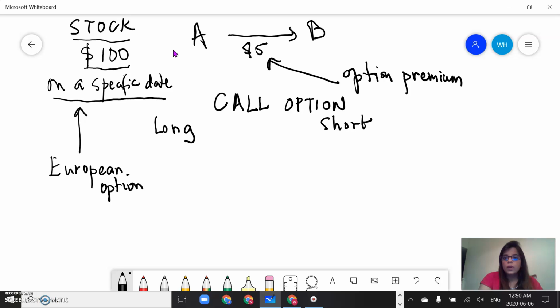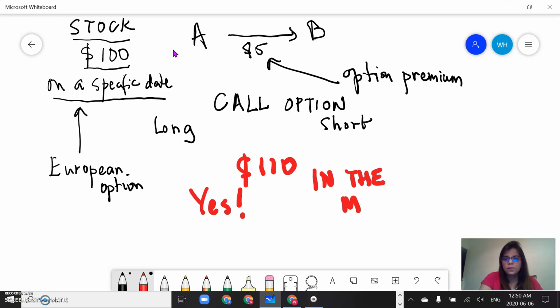Let's understand when the call will be exercised. Let's assume that on the specified exercise date, the stock is trading at $110. Will A exercise the stock option? Yes. At this point of time, the option is in the money. A will exercise the option and buy the stock from B at $100.